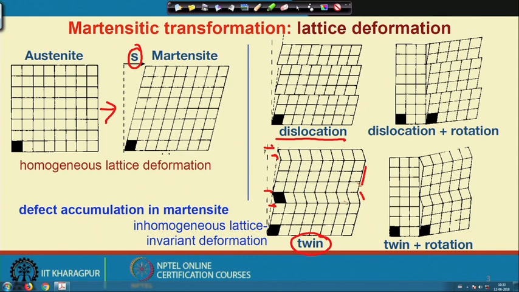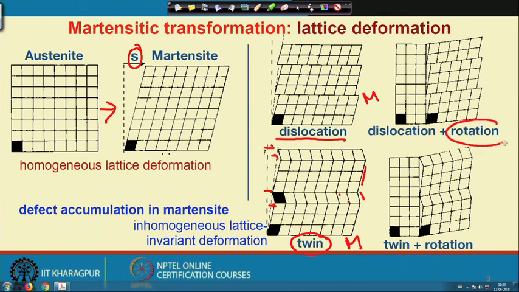You can see this just looks like a mirror like plane. Please remember once again that this is also martensite, here is also martensite. So, two lattice invariant deformations we have discussed. The third one is that we can simply rotate the lattice, so that we can accommodate the transformational strain.